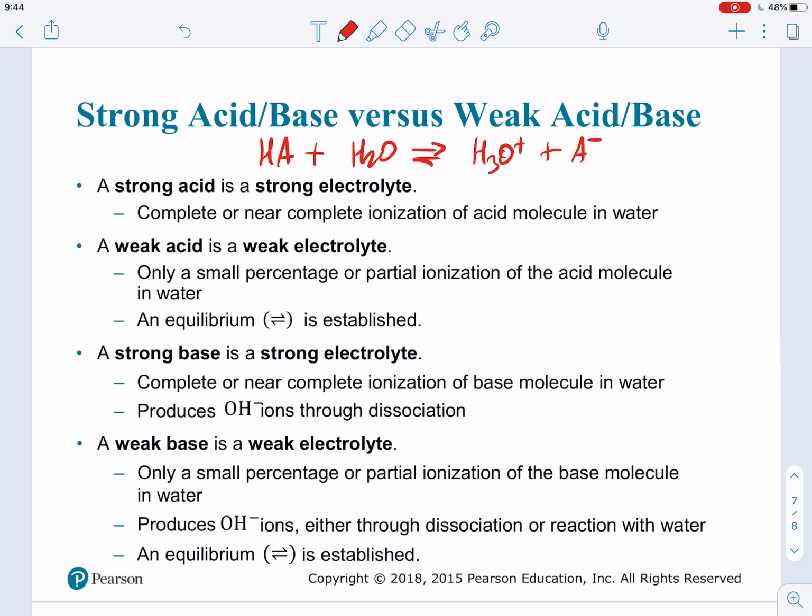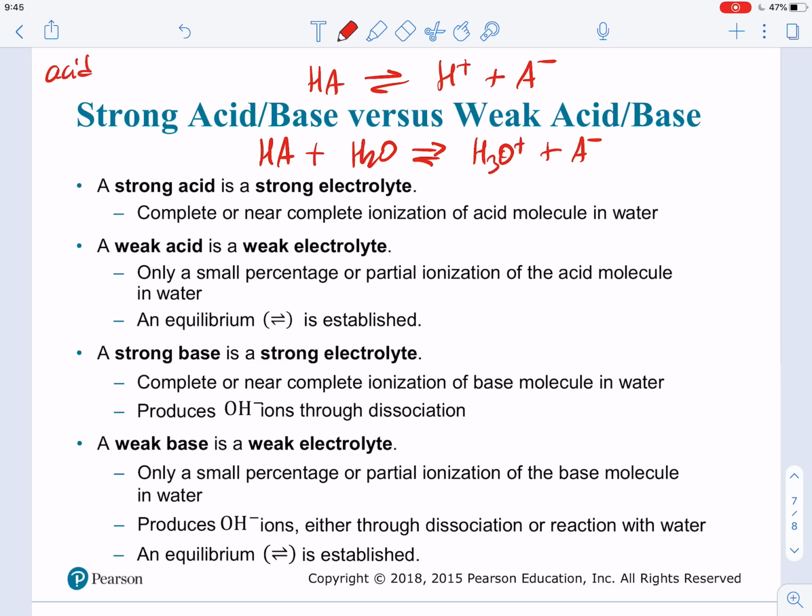But you can use that reaction, or you can just simply say HA goes to H plus A minus, and those are perfectly equivalent. So what is happening to the acid in aqueous solution? The acid is splitting in two, dividing into ions, pretty much like an ionic substance. Because you are dissociating that acid and producing ions, acids are also electrolytes.